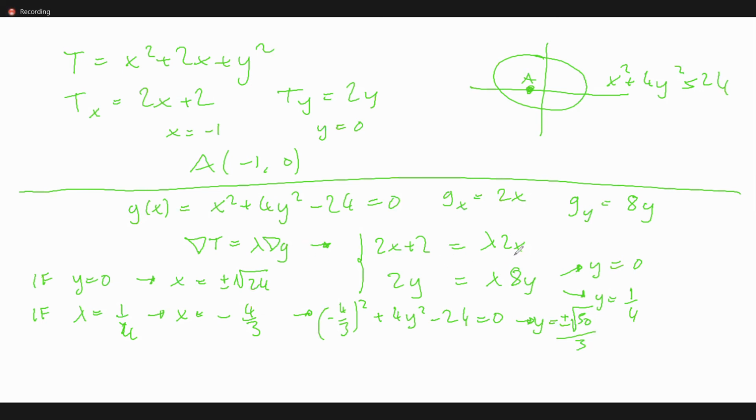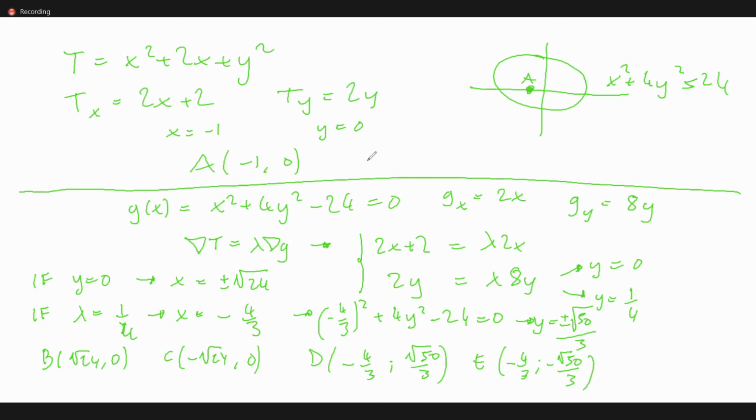So we have now identified the 4 sets corresponding to square root of 24, 0, negative square root of 24, 0, -4/3, square root of 50/3, and -4/3, negative square root of 50/3.